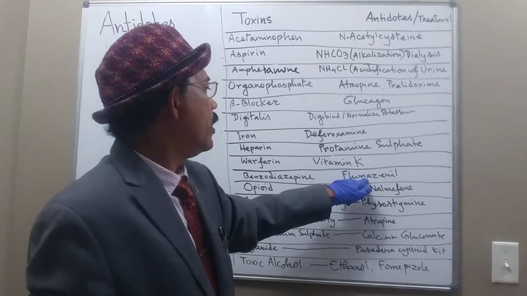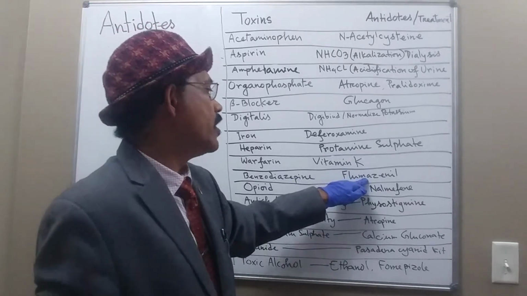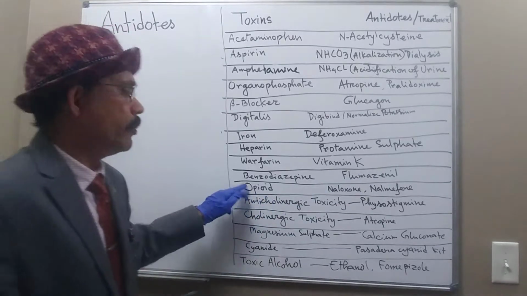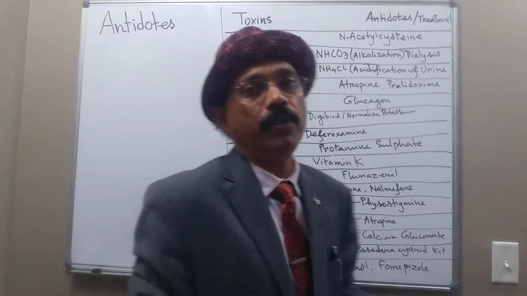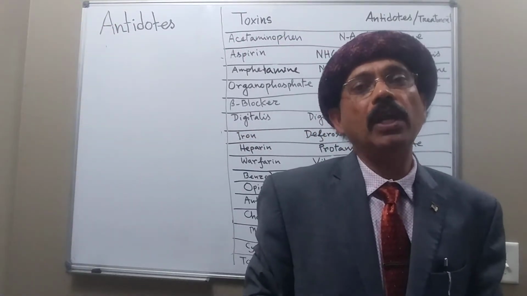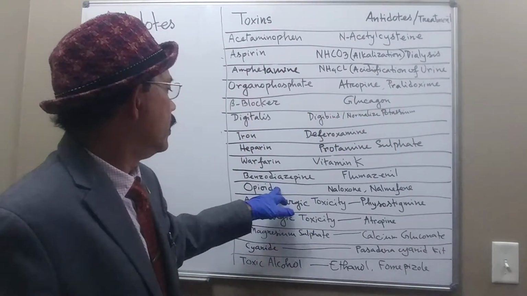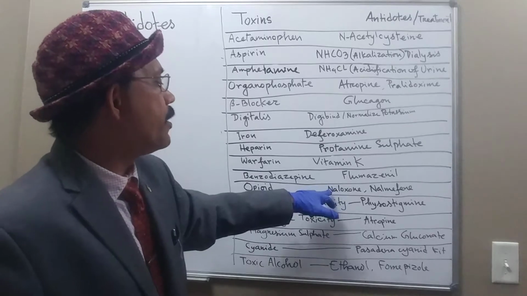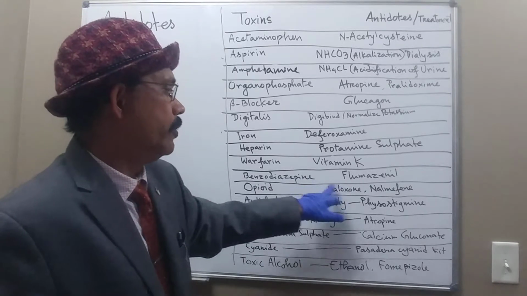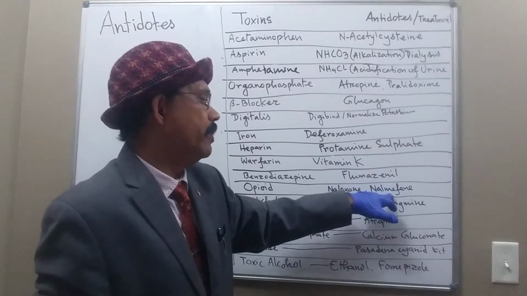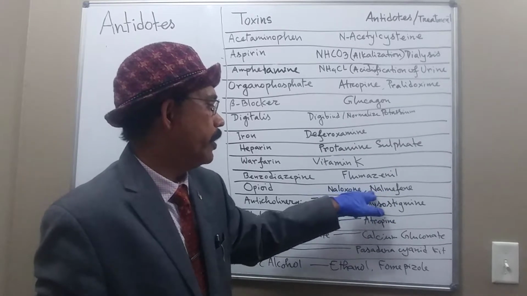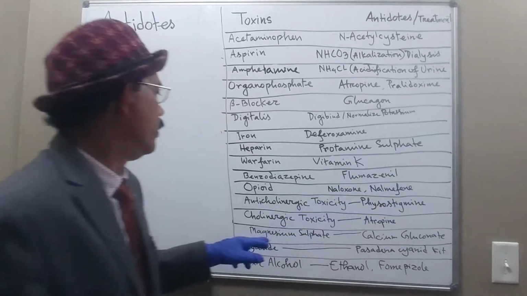So its antidote is flumazenil. Opioids like morphine and pethidine are painkillers. Their antidote is naloxone and nalmefene, which is more potent than naloxone.